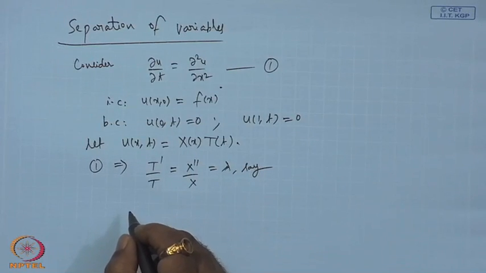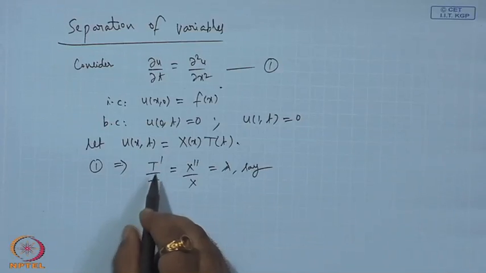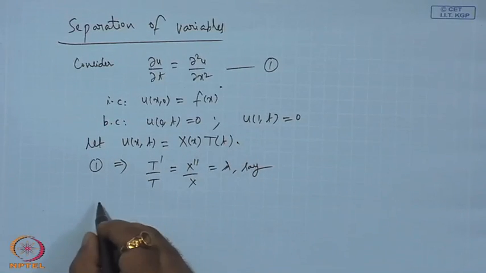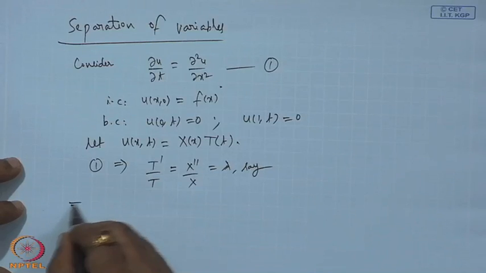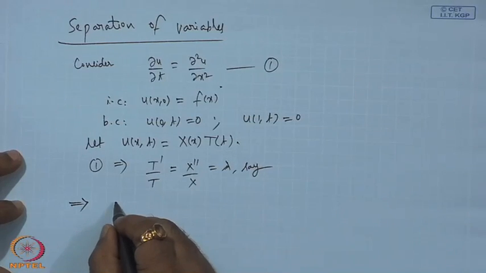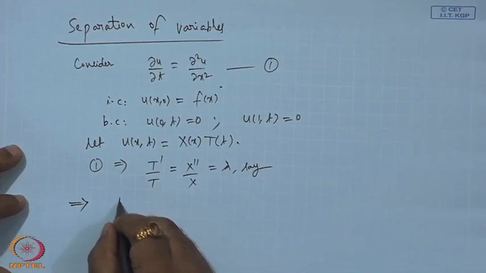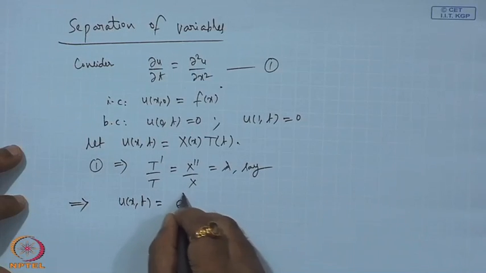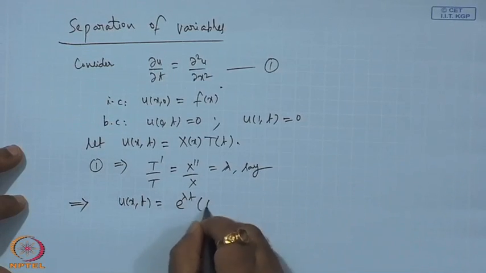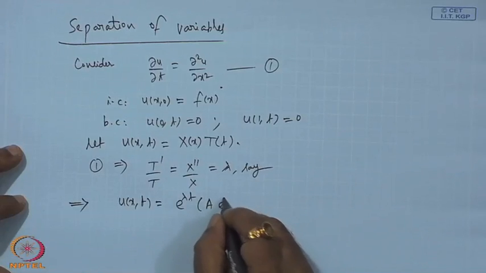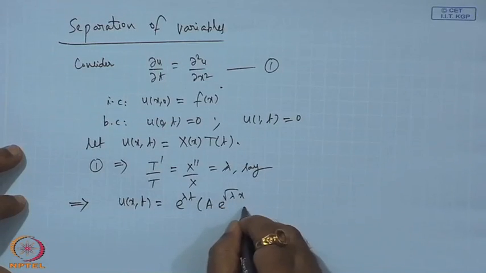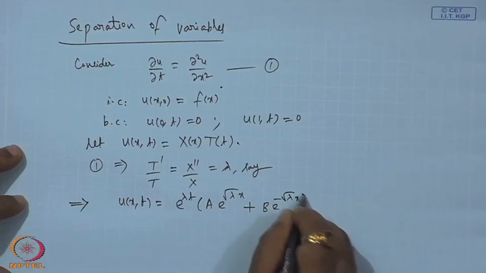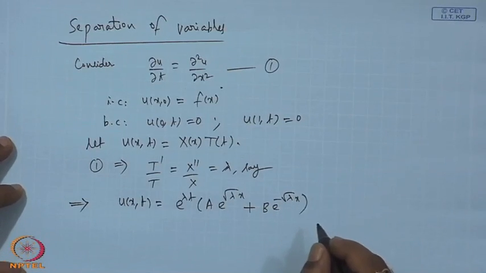So then applying boundary condition, this implies u of x t is given by a series.